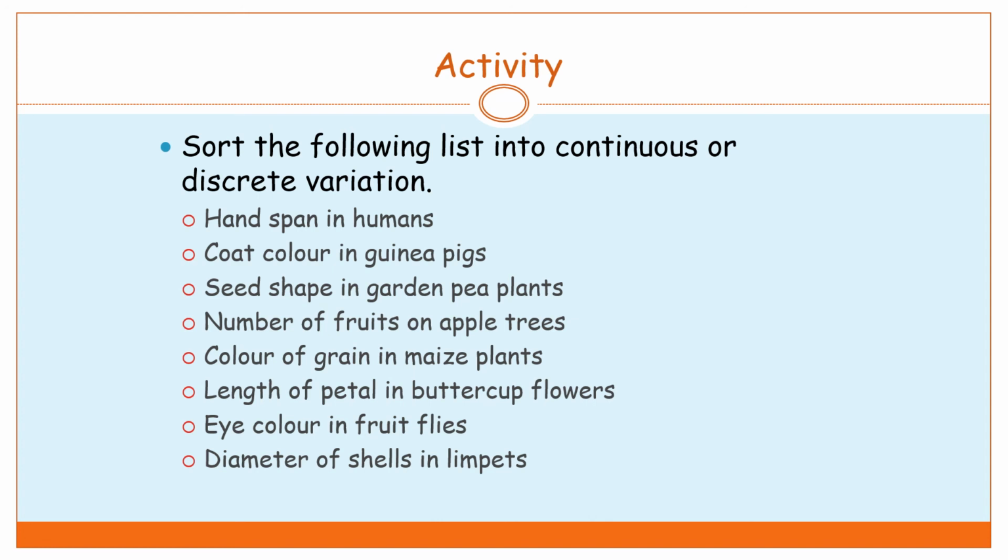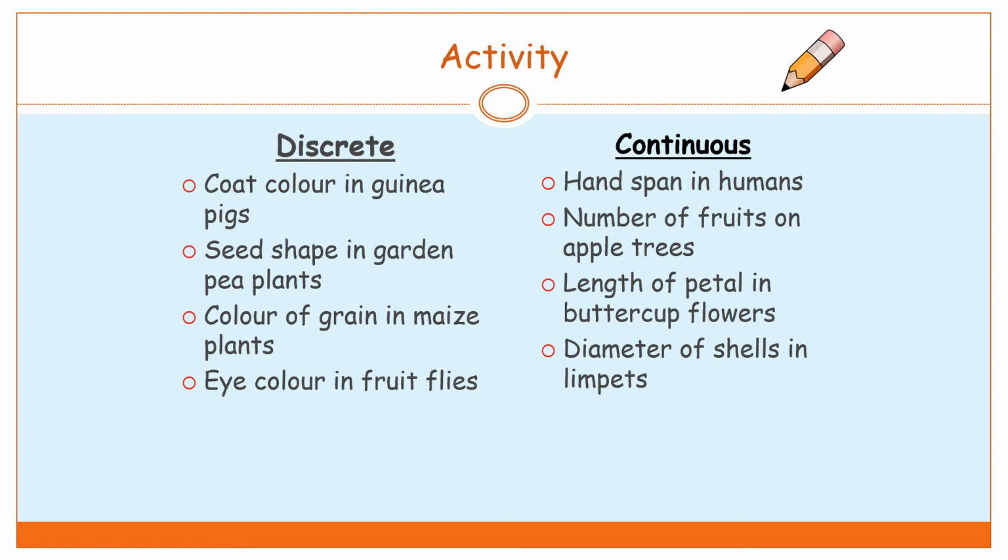So the answers are: coat colour in guinea pigs is discrete because it either has one coat colour or another coat colour. Seed shape in garden pea plants is discrete. Colour of grain in maize plants is discrete, and eye colour in fruit flies is discrete. All of them you can say yes or no to, or you can put them in a group.